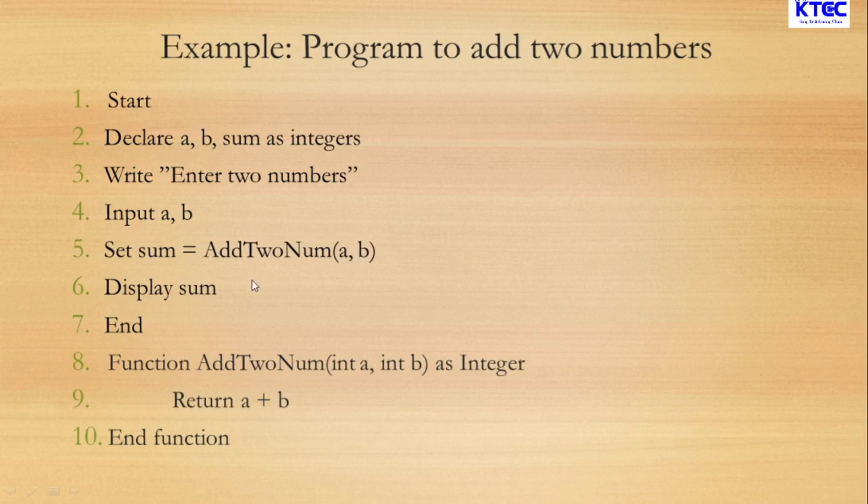By the calling of add two numbers, that is the name of the function, it will jump out of this and go to where the function is, and execute all those lines of code. It will take the first number, add it to the second number, store it, return it here, and finally store it in this sum variable.